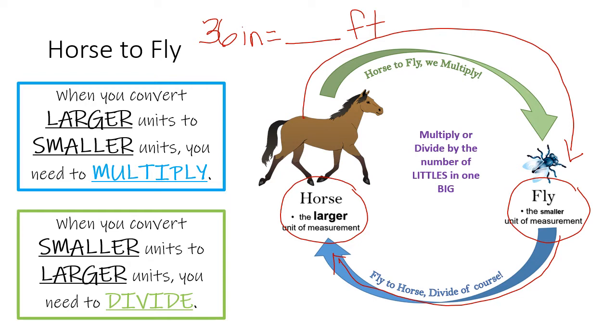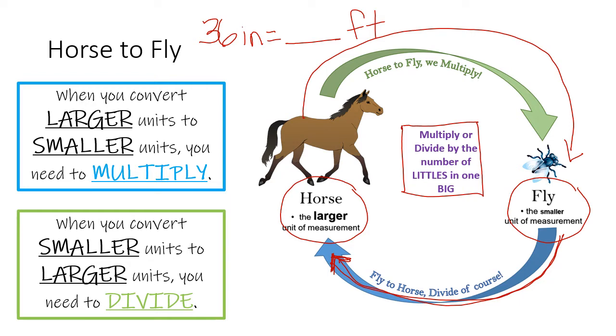So we're starting with inches. We're going to feet. Is inches going to be our horse or our fly? Inches is our fly because it's smaller than a foot. So we are going from fly to horse. So divide, of course. Now, you're always going to divide by the number of littles in one big.